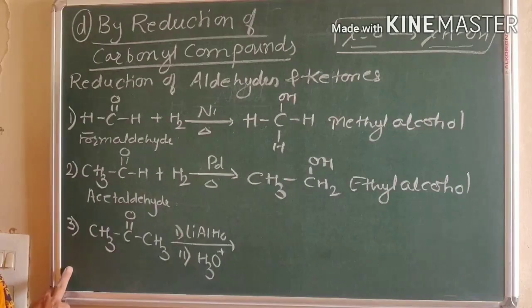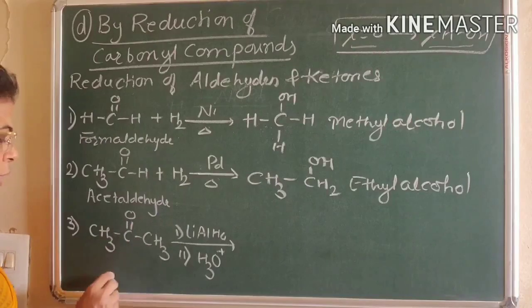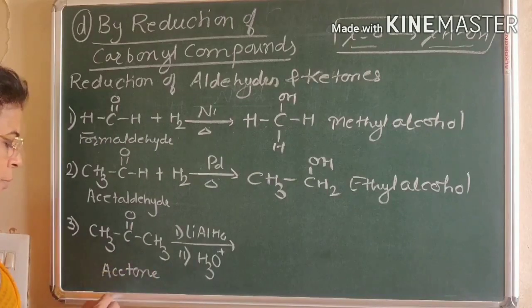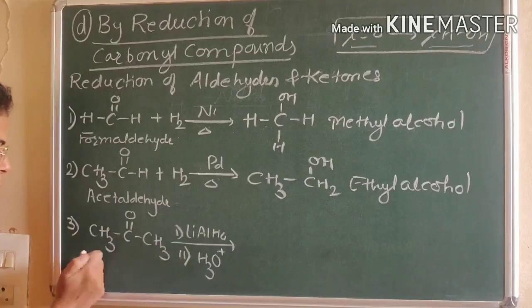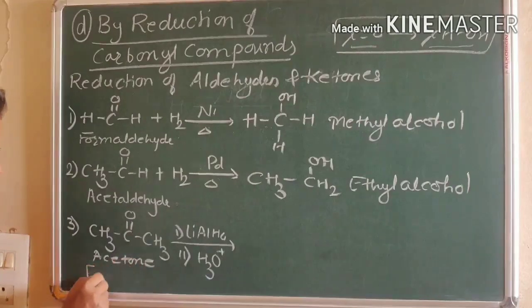Now third example, this is acetone, CH3 C double bond O CH3. The common name of this compound is acetone, but the IUPAC name of this compound is propanone.